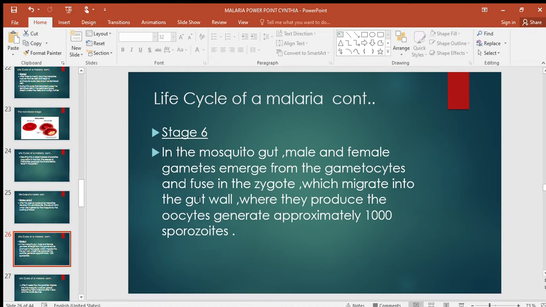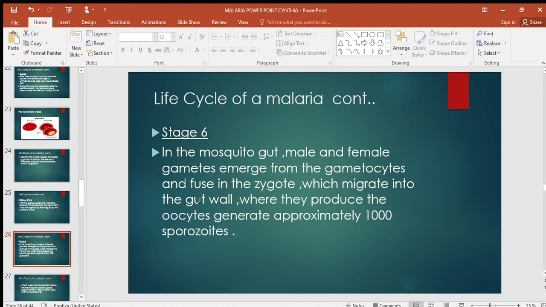So when it comes to stage 6, the mosquito that bites this person who has these parasites in the body will suck that blood, which contains the gametocytes. So these are the female and male parasites.